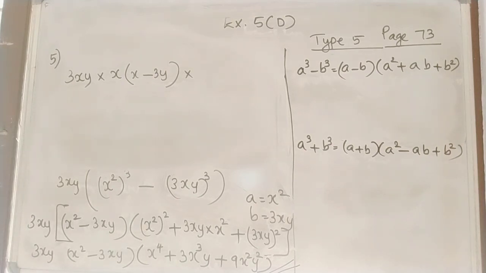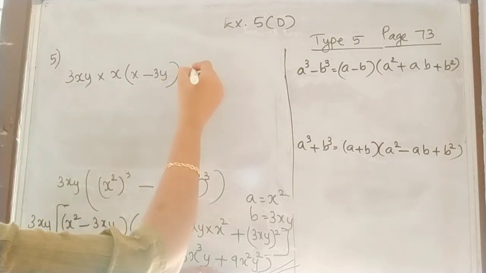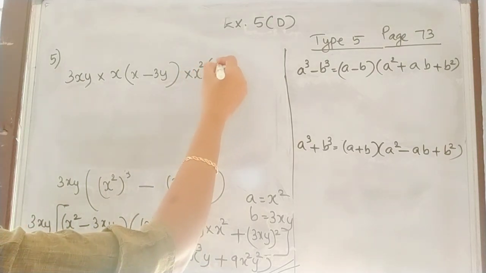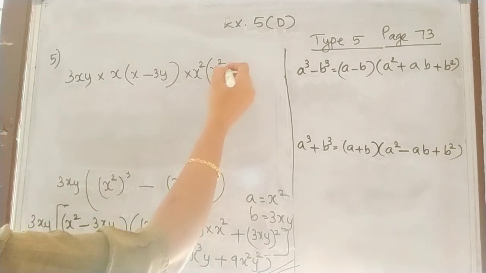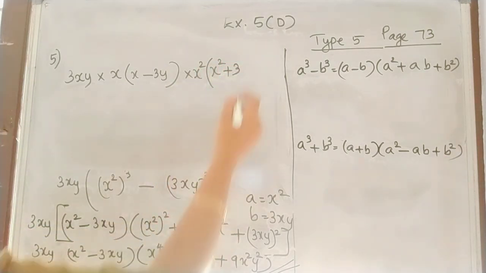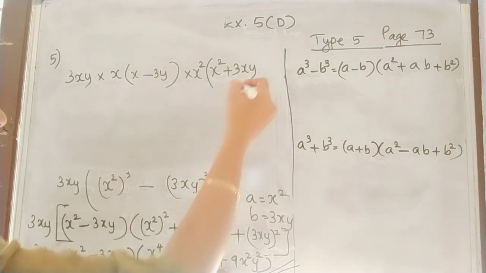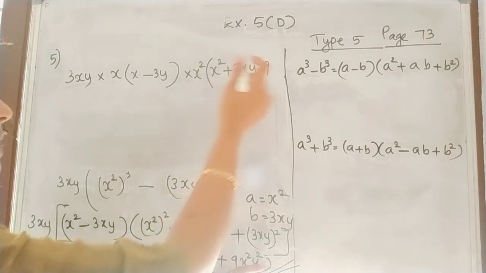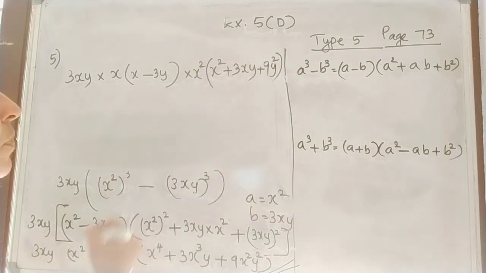So x square, if we take from this, then the balance will be x raised to 4. From that we took x square. So it will be x square plus 3x square we took, so only 1x balance, 3xy plus 9 x square we took, so the balance will be y square only.